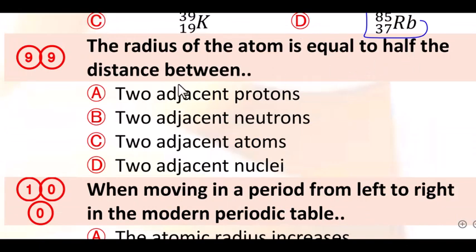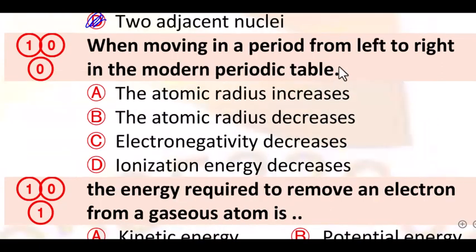The radius of the atom is equal to half the distance between two adjacent nuclei. Here, hydrogen H2, the radius of hydrogen is half the distance between two adjacent nuclei. When moving in a period from left to right in the modern periodic table, does the atomic radius increase? No, the atomic radius decreases. Electronegativity decrease? No, it increases. Ionization energy decrease?